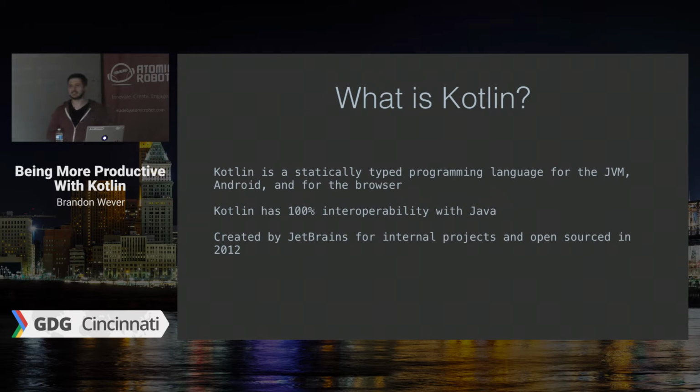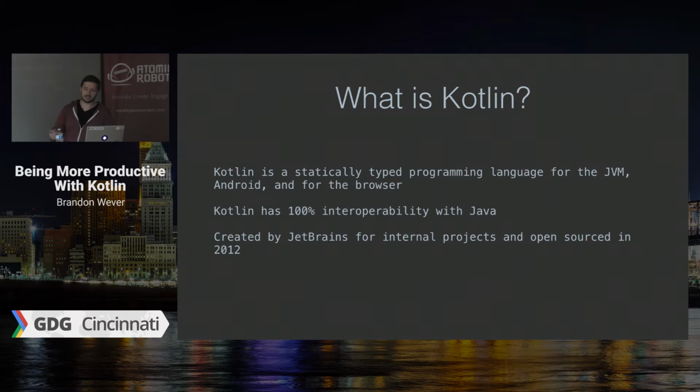So first, let's just talk about what Kotlin is. Kotlin is a statically typed programming language that compiles to the JVM, and it can also compile into JavaScript for the browser. But I'm not going to talk about that right now because I haven't looked into it as much.